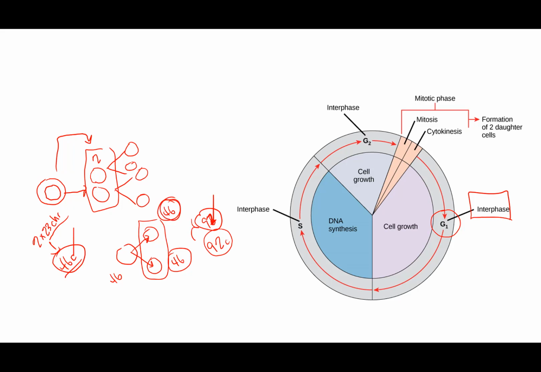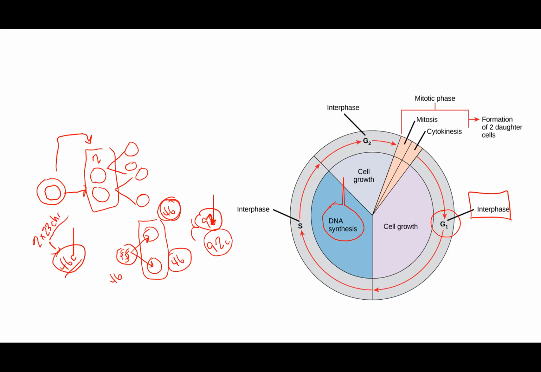you can imagine that the DNA inside that cell will need to be replicated. We will need to have twice the amount of DNA before we even start dividing. That's what we see here when we're thinking about DNA synthesis.